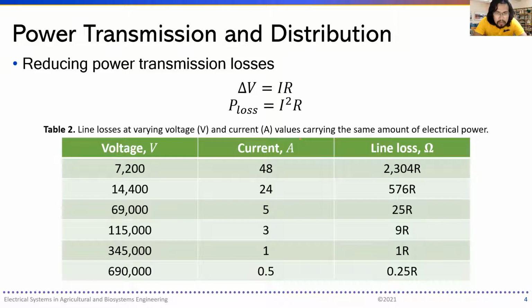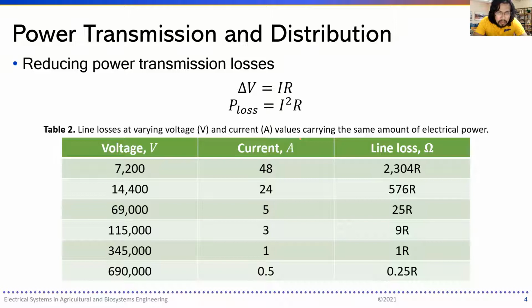So we see here that the delta V is equal to IR. It's merely the current and the wire resistance, which is released as heat. Now the P loss is thus equal to what?